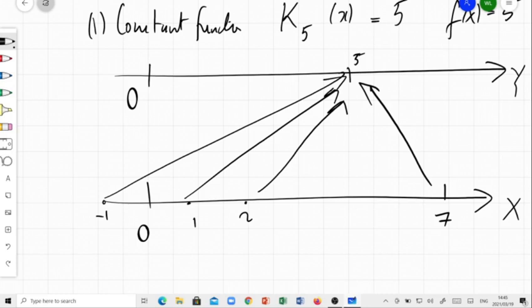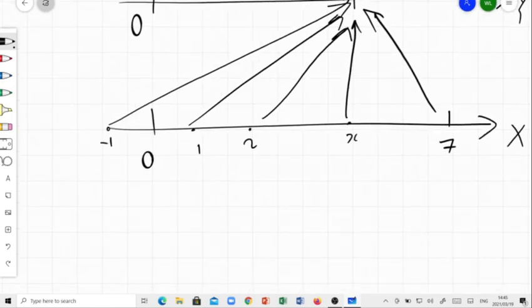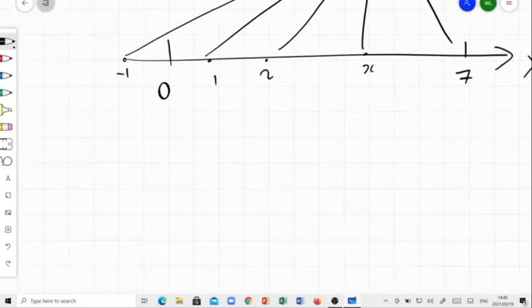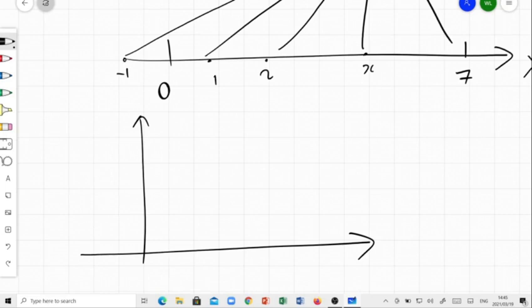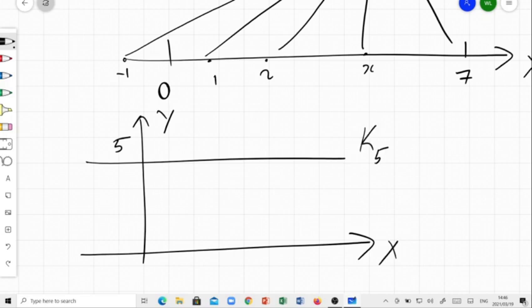So this is how the mapping diagram looks, and in general, x gets mapped into 5. So this is how a mapping diagram is for the constant function. Now, if you were to draw the graph of the constant function, it's just the horizontal line that cuts the y-axis at 5, okay? So this is the graph k5 of x, okay?